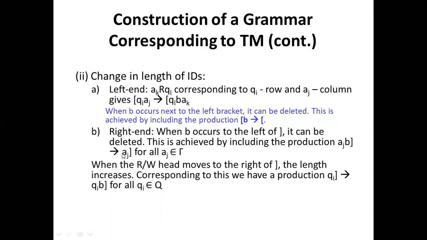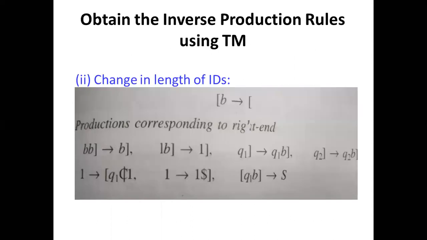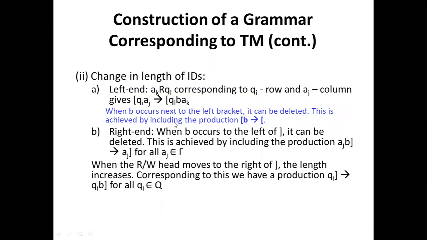Now the change in the length of ID has already been discussed in the previous slide. But now, in the next, what we have to do is handle the change in length of ID. So we have to add the productions here. If you see, there we have to add the left end, that is left bracket B to left bracket, and for the right end we have to consider all states and all input symbols.